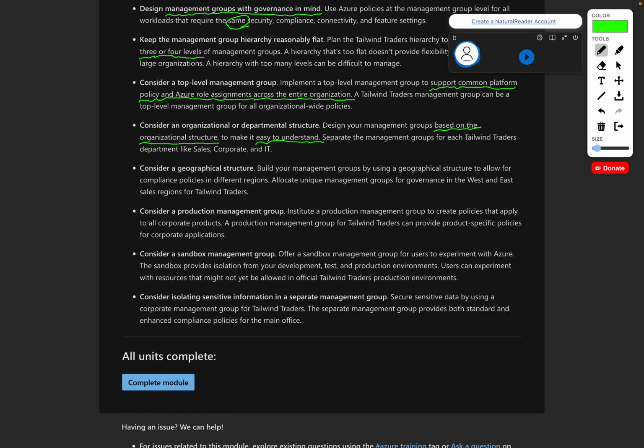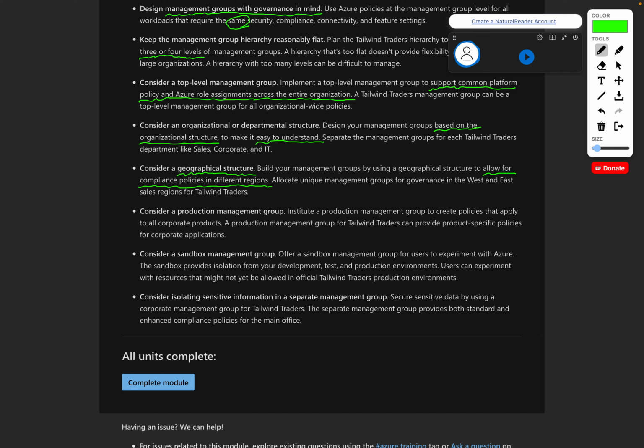So geographical structure can also be a good candidate for designing management groups. This way, it will allow us for compliance policies in different regions to be applied correctly, and it's easier to manage.